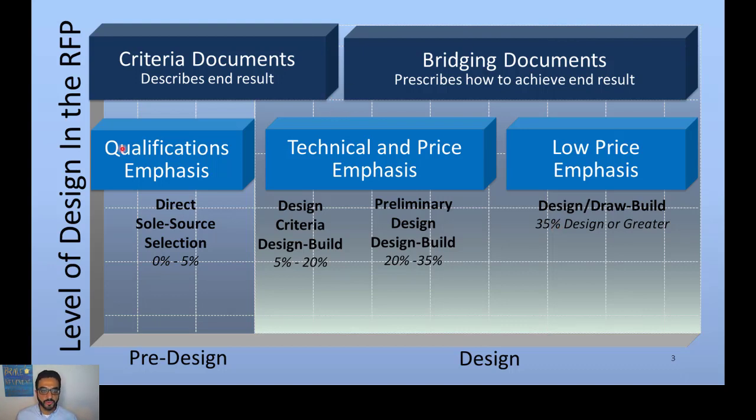So this second tier here is the emphasis from a procurement perspective. Is it based on qualifications? Is it based on technical and price, or mainly lowest price? So that's procurement. This is the contractual documents being handed to the design builder.